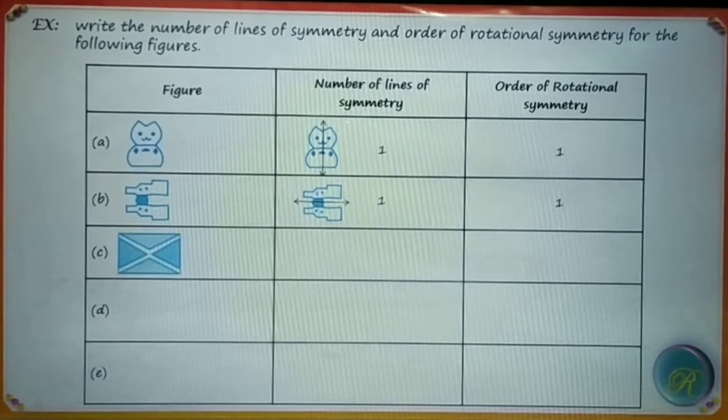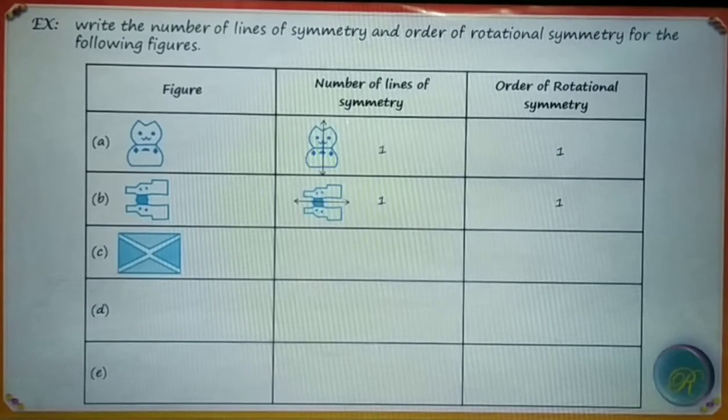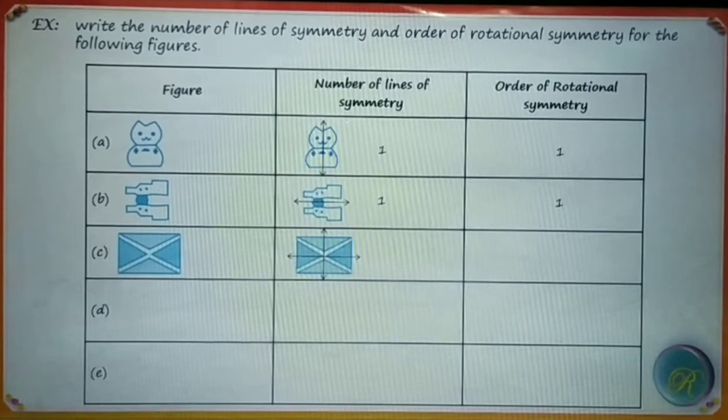Figure C. Number of lines of symmetry 2, because horizontally and vertically we can draw 2 lines. Order of rotational symmetry 2.